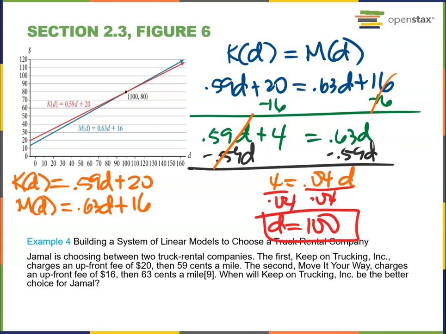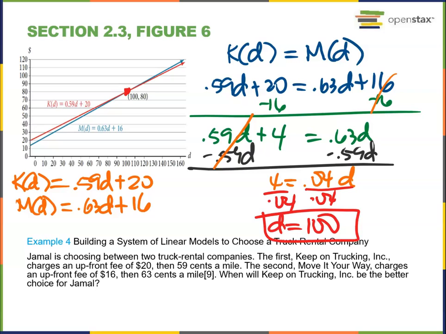This tells us that the cost from the two companies will be the same if 100 miles are driven. By looking at the graph, you see the point of intersection here, or noting that K of D is growing at a slower rate, we can conclude that Keep on Trucking will be the cheaper price when more than 100 miles are driven.